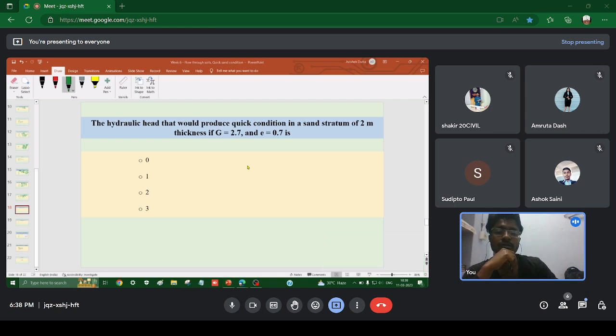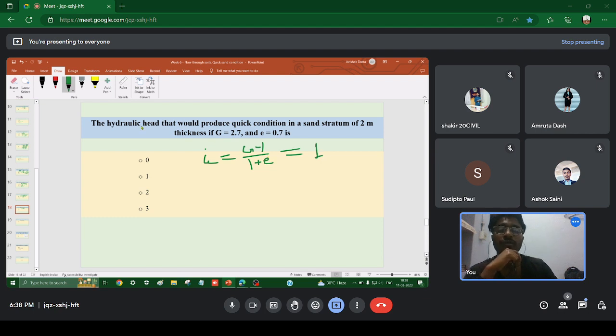How do you get 2? You first find out IC, right? Because for quick condition, the exit gradient would be equal to the critical hydraulic gradient. That is, it has surpassed the critical hydraulic gradient. So this is equal to G minus 1 divided by 1 plus E. 2.7 minus 1 is 1.7, 1 plus 0.7 is 1.7, so it equals 1.